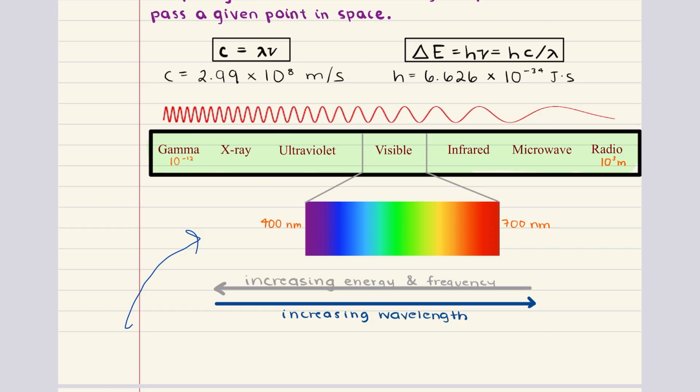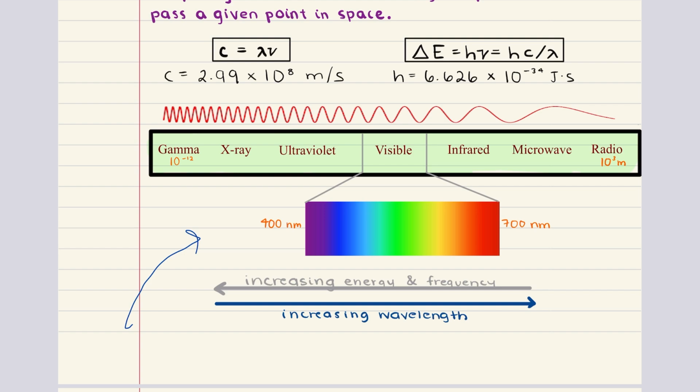Photons are also responsible for the way electromagnetic radiation interacts with matter. Higher energy photons can break chemical bonds or ionize atoms, while lower energy photons can cause things like molecular vibrations or rotations.